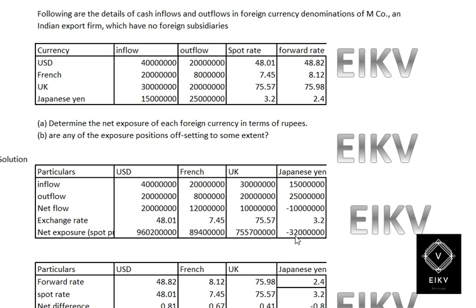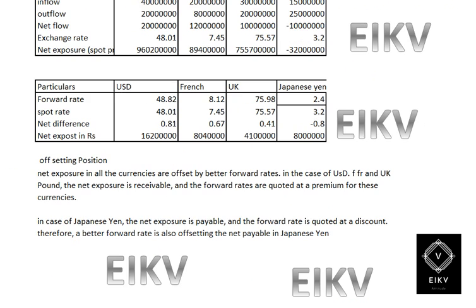Here we have a problem with the Japanese yen when we take the net cash inflow, which would be negative 10 million. Right, so we have computed the net exposure.